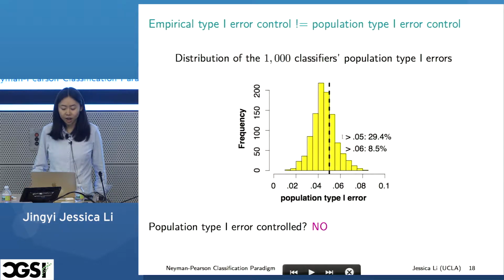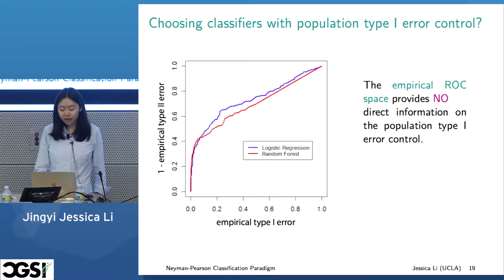So ROC, obviously, if you want to compare two methods, say logistic regression and random forest, say they intersect here, but it's unclear to us where this intersection corresponds in terms of population type 1 error. So in other words, we say that the empirical ROC space provides no direct information on the population type 1 error control. So that motivated us to develop the Neyman-Pearson classification.